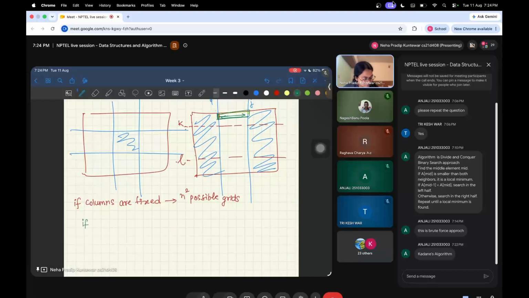So if a row r is participating in the grid, then all its entries contribute to the sum.